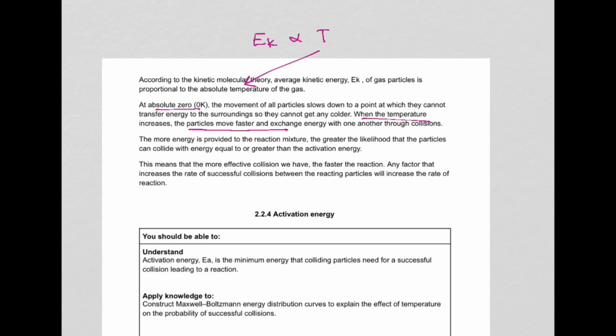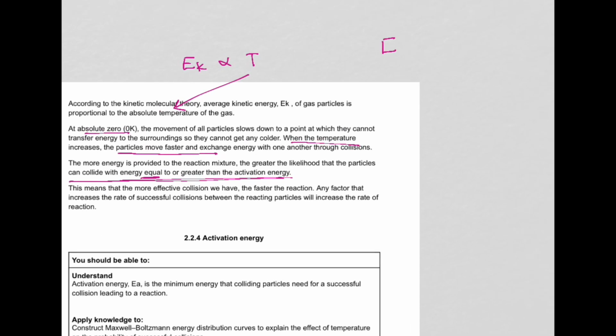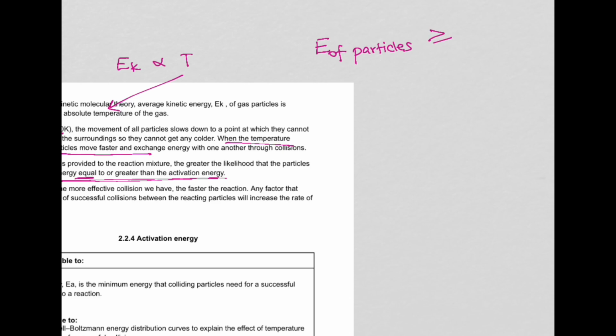And the more energy there is, the greater the likelihood that the particles will collide with energy equal to or greater than the activation energy. So if we have to write this, we would say energy of particles is greater or equal to activation energy.